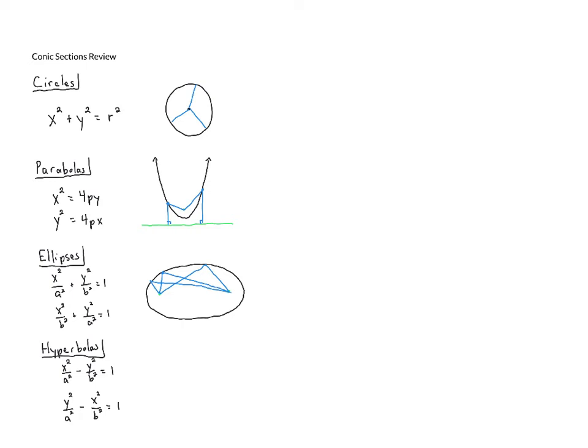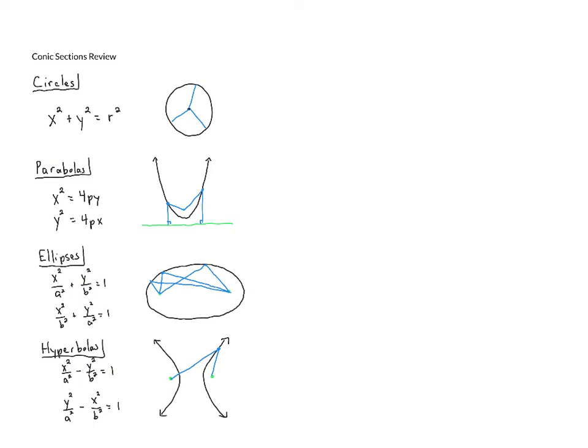And then lastly, we have a hyperbola, which I'm going to try and draw not too horribly by hand. That's not the best I've ever done, but also not the worst. And we also have a geometric definition for a hyperbola, and that is the set of points such that if we look at the distances from that point to the two foci, the differences of the distances are the same.